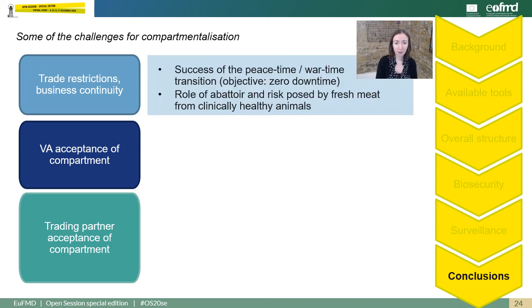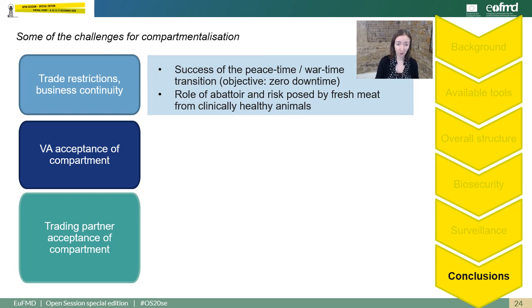Business continuity can be threatened if the transition from peacetime, basically when the country is free from the disease, to wartime, when the country gets infected by the disease, has not been well prepared. This transition is a very delicate step in the life of a compartment, and it must be carefully planned in advance to meet the objective of zero downtime in case of the disease introduction.